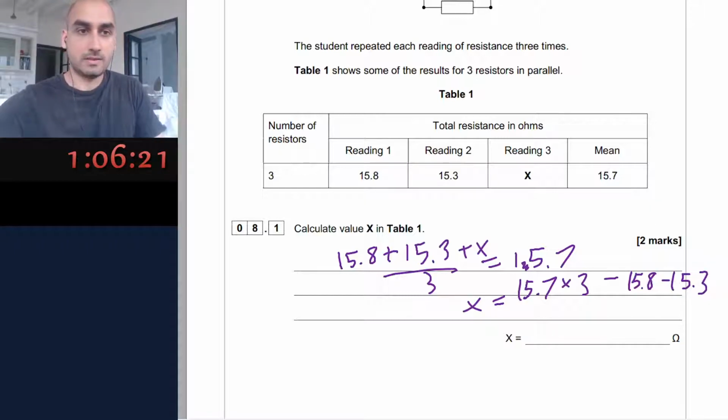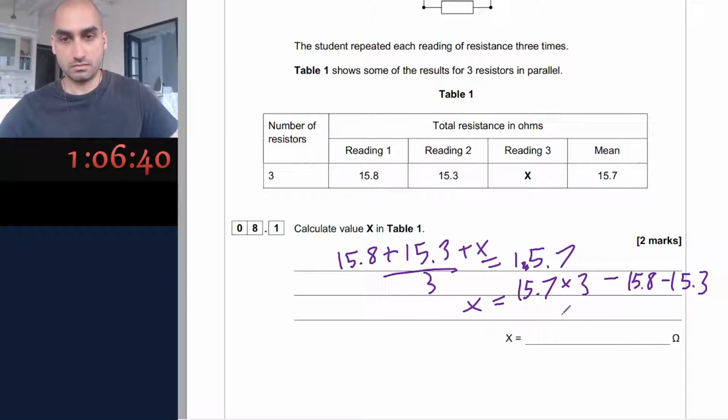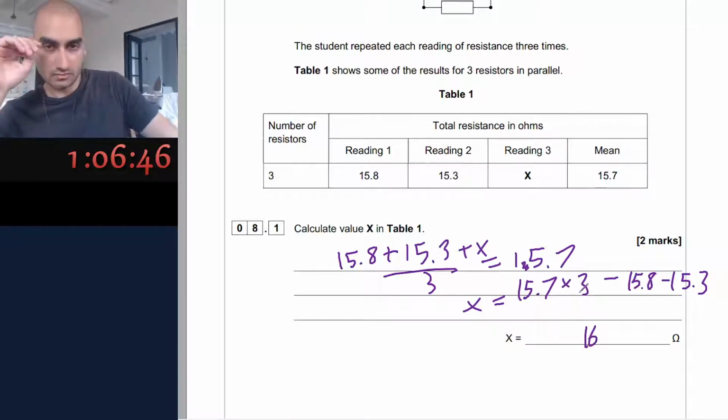That gives 16. Does that sound right? Yeah.